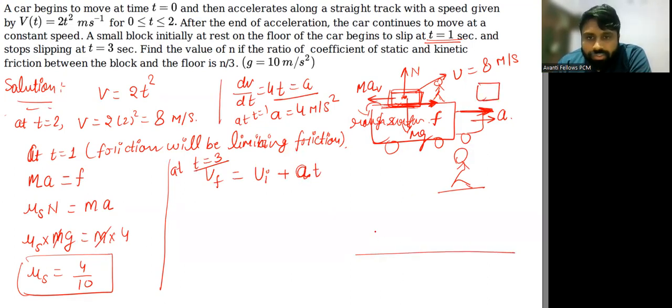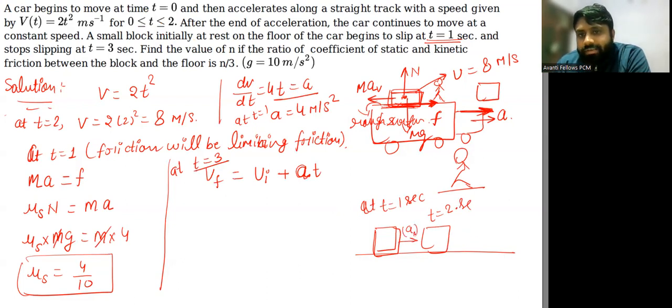Now look at the motion of this block. At t is equal to 1 second, it starts slipping, and from 0 to 2 the acceleration is acting, which means acceleration acts up to t is equal to 2 seconds. There is an acceleration. But after t is equal to 2 seconds, there is no acceleration, only deceleration, which is provided by the kinetic friction.